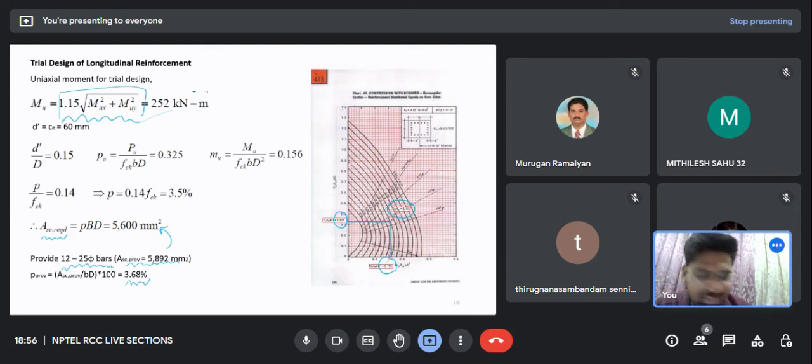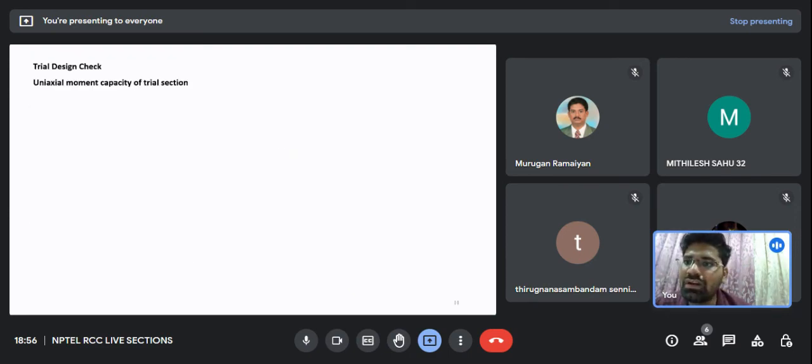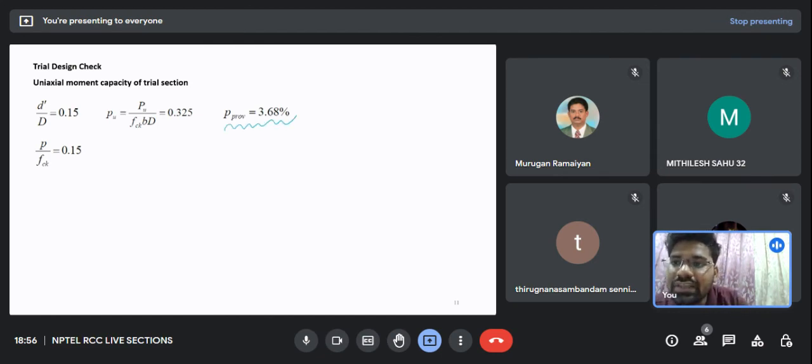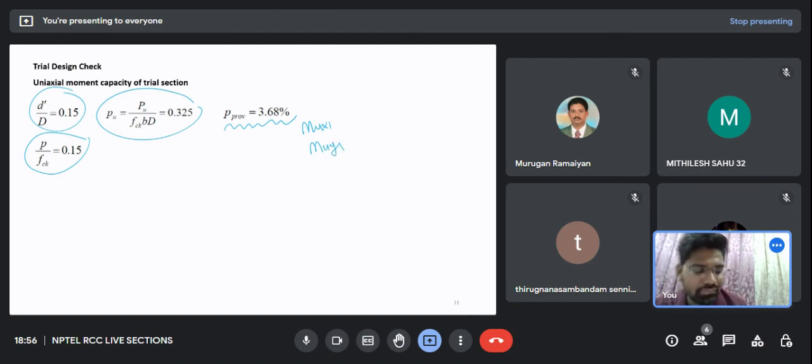So this is 3.68 percent of steel. Based upon this percentage of steel and the other values which we already know, which will be constant for all the trials, but now my percentage of steel has changed, I will find Mux1 and Muy1. Again I will go to the charts and see what percentage of steel.